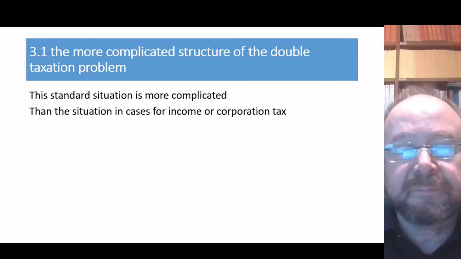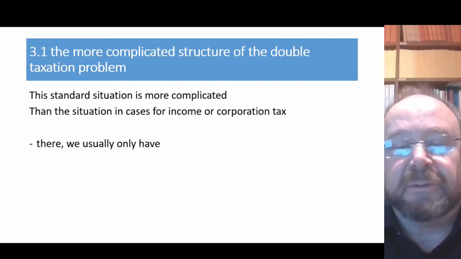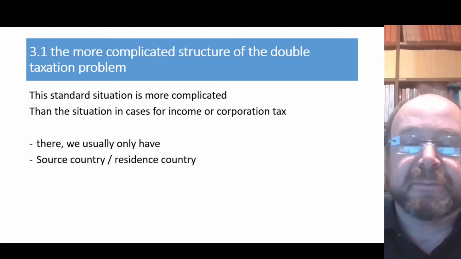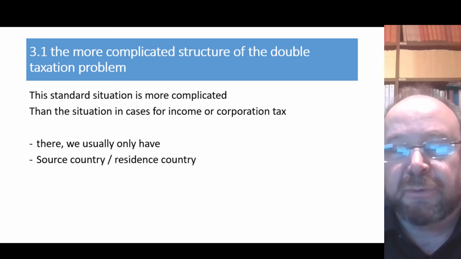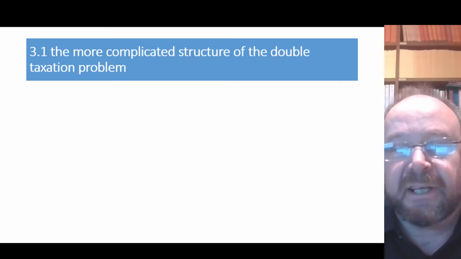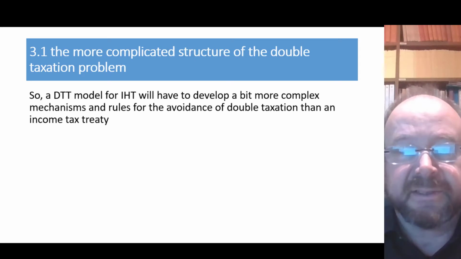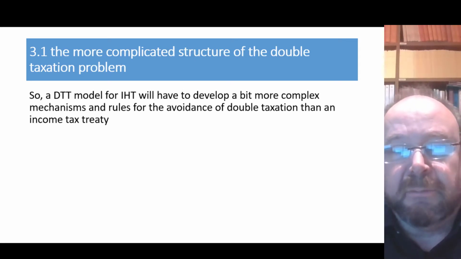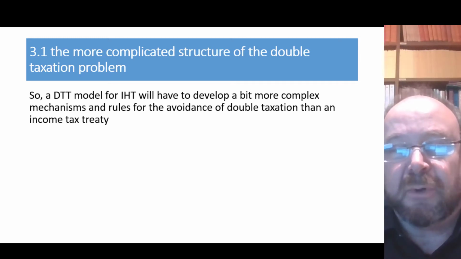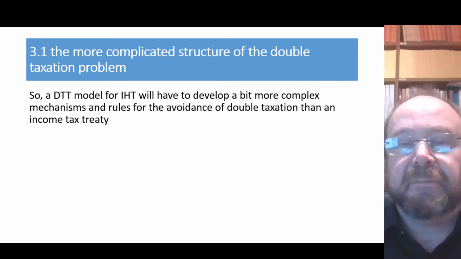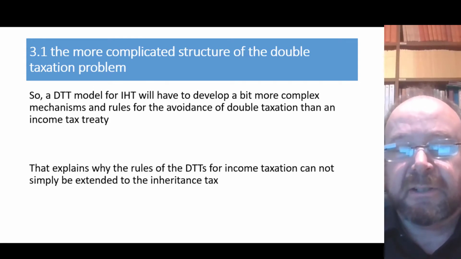So the situation for income or corporation tax was usually we just had source country and residence country. Now we have two residence countries potentially, and that complicates the situation. A DTT model for inheritance tax will therefore have to develop a more complex approach than an income tax treaty. Here, we need additional rules which also exclude the double taxation between the two residence countries.